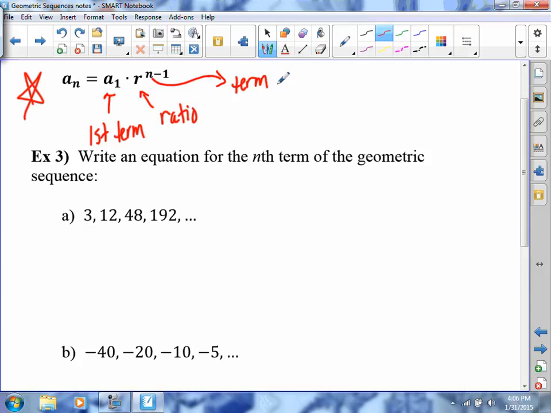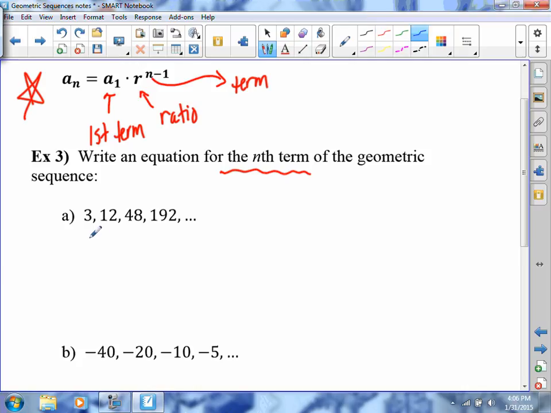All right, so most of the time, for example 3, we're just going to leave the n as an n. When it says write the equation for the nth term, that just means that you want to leave an n as an n in your equation, but you should be able to find the r, and you should be able to substitute in the first term.